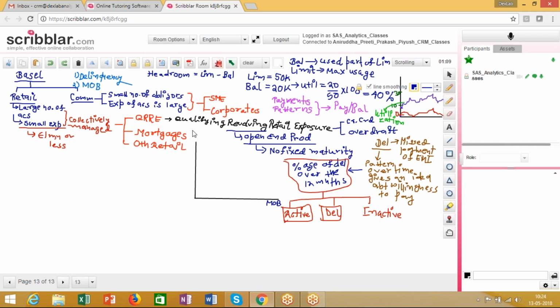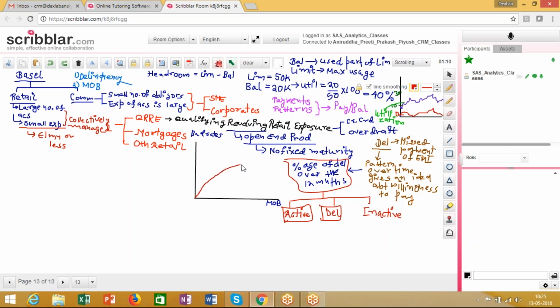And over here, what we have is the bad rates. So basically, what happens, we see that for the lower month on books, for the lower vintages, the bad rates tend to increase.